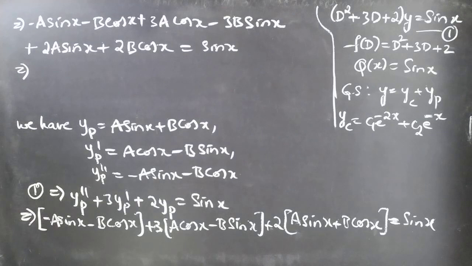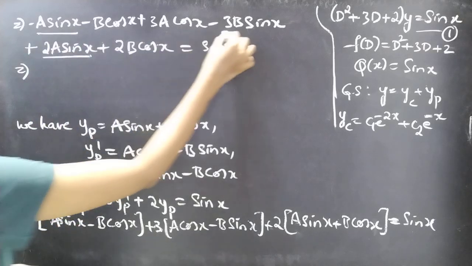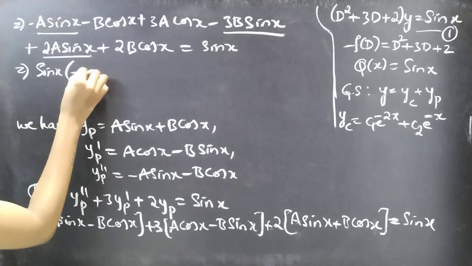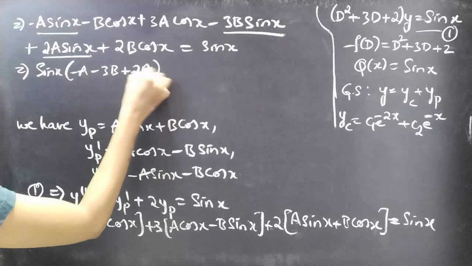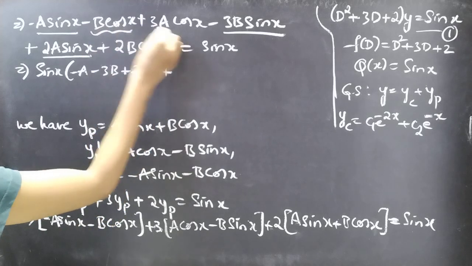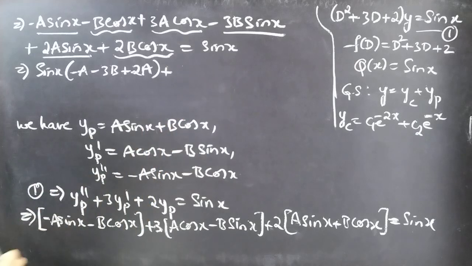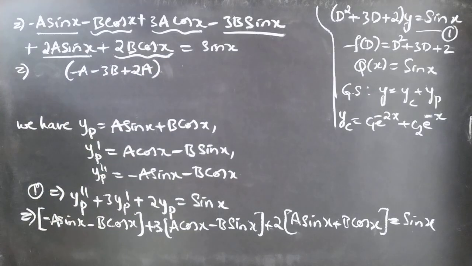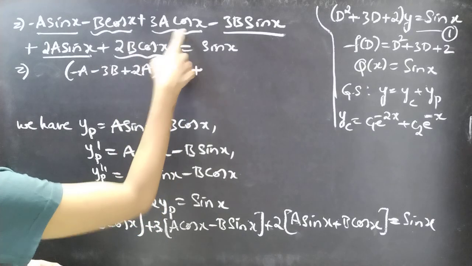Fine. Now take sin x common from all these three terms. We'll get sin x times minus a minus 3b plus 2a, plus, now take cos x common from these three terms.